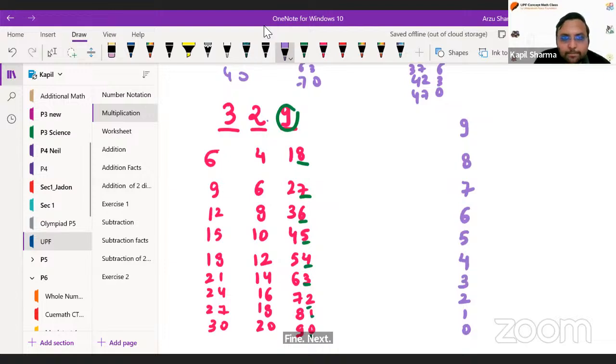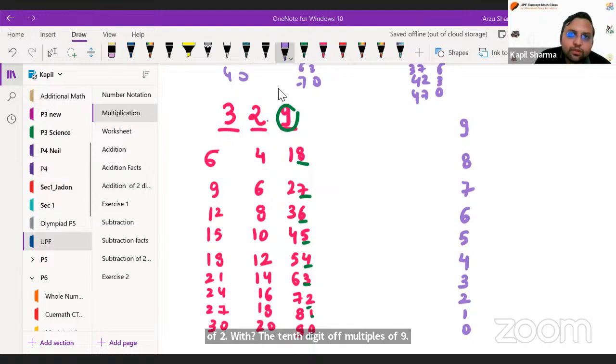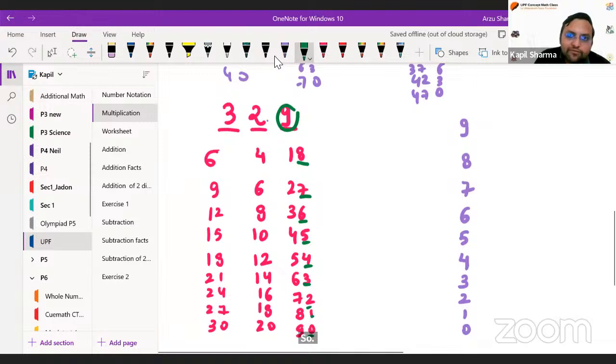Next, we are going to add multiples of 2 with the tens digit of multiples of 9. So now here you have simply 0.